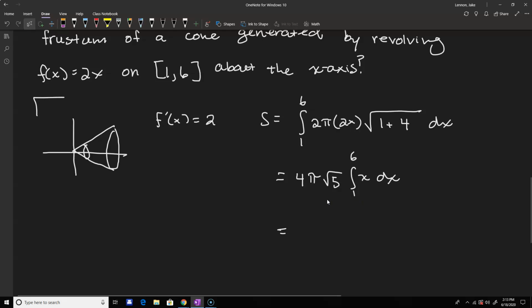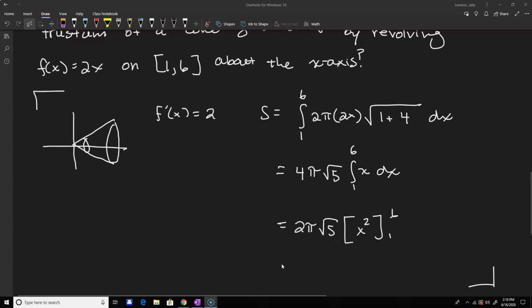We're just going to get x squared over 2. I'm going to bring the 2 out front and divide that into 4. So I have 2 pi square root of 5 times x squared from 1 to 6. So we multiply 2 pi square root of 5 by 6 squared minus 1 squared, which is 35. So that gives us our final answer of 70 pi times the square root of 5.